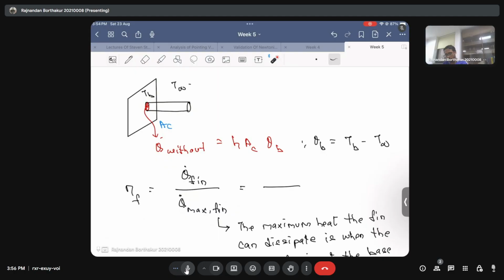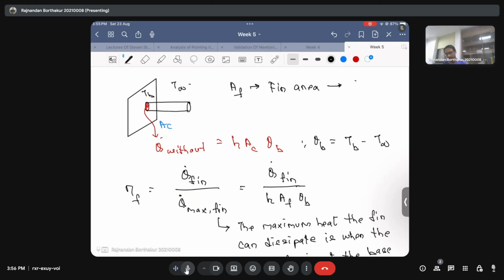So then my Q max fin will just become h times, however, now I need to consider the entire area of the fin, typically because now the entire area is at the base temperature. So this becomes h times A_f times theta_b, and this is Q dot fin, where A_f is the fin area.